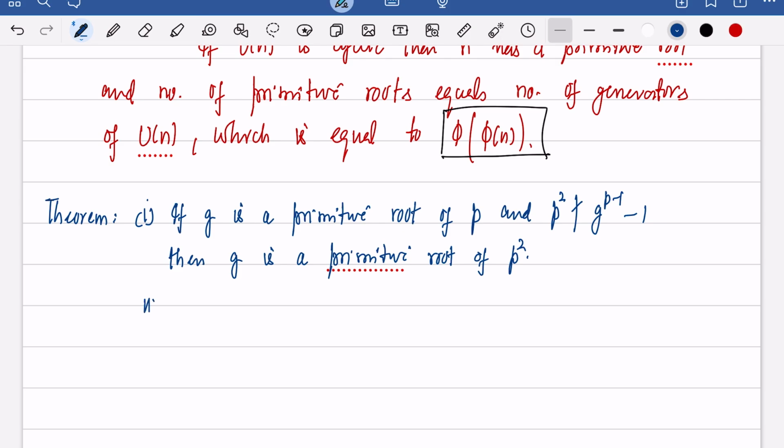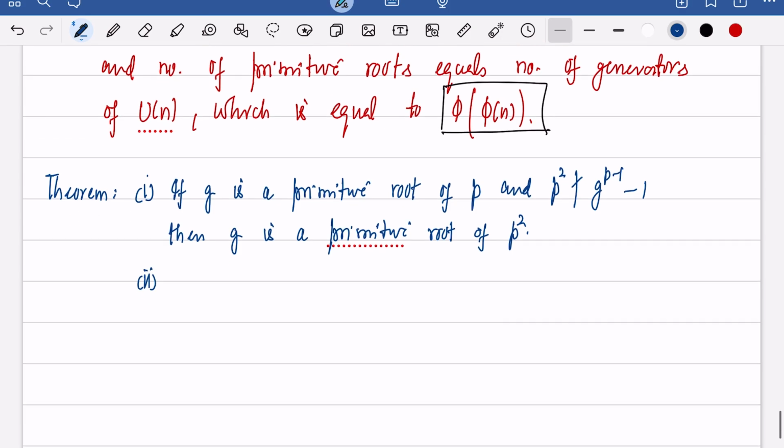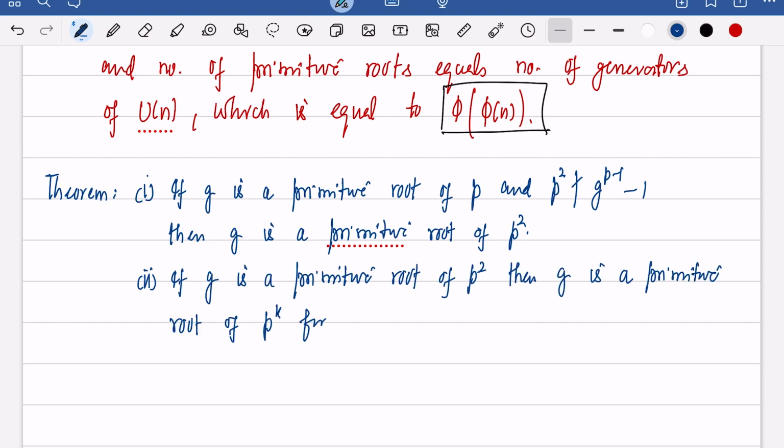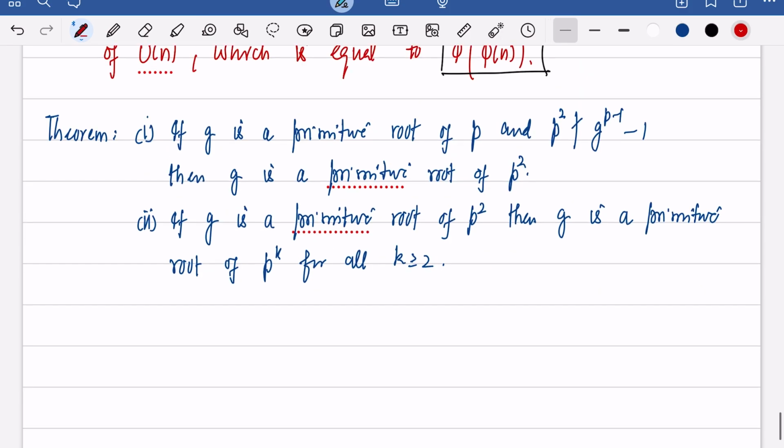And the second result that we need to find the primitive roots: if g is a primitive root of p squared, then g is a primitive root of p to the power k for all k greater than or equal to 2. So these are the two results. In order to find the primitive roots of p to the power k, we just have to check if p has some primitive root. If p has a primitive root, then we check if p squared divides g to the power p minus 1.